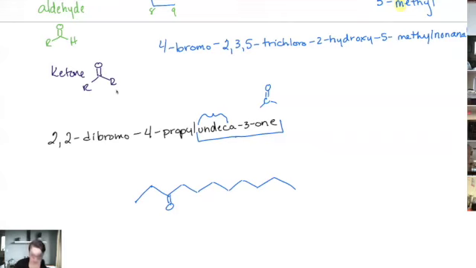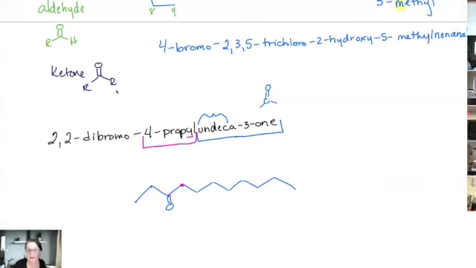Now watch. Go chunk by chunk and forget about everything else. So here's my next chunk. Carbon 4, I have a propyl group. So carbon 1, 2, 3. So here's carbon 4. How long's a propyl group? YL tells me it's all carbon and hydrogen.